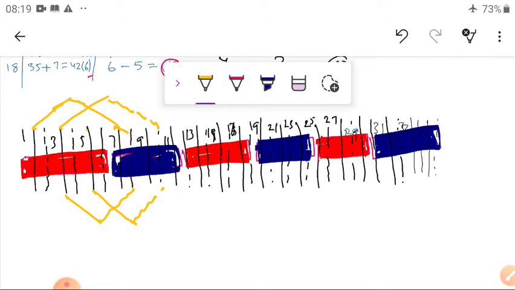Okay, 5th solid one is connected to where? 5th is connected to the 12th. Okay, this is the 12th, where is 12th, 11th, this is the 12th, dotted one. The 12th is connected to the 7th.